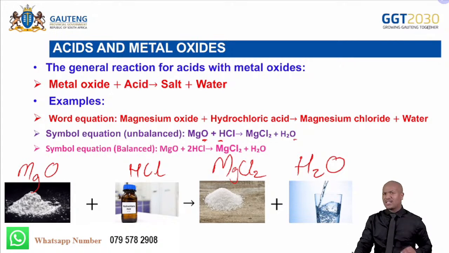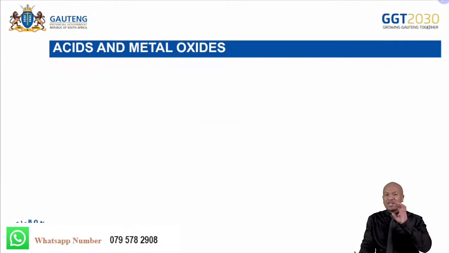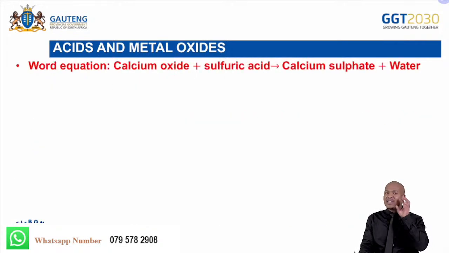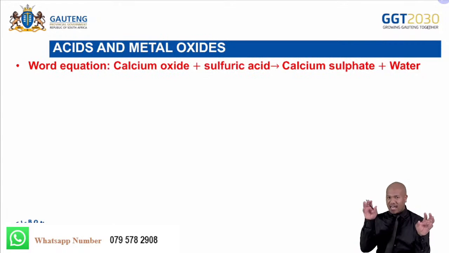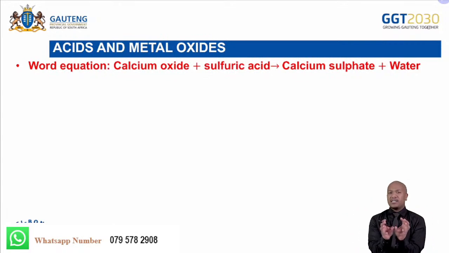Let's use another example so that we can see the rearrangement of atoms that I'm talking about, right? And the salts that are formed. So now, the second one, the word equation, we have calcium oxide. I want to remind you every time, calcium oxide is a form of metal oxide. Because what? Calcium is a metal which has reacted with what? Oxygen. That's why you say it's a calcium oxide.